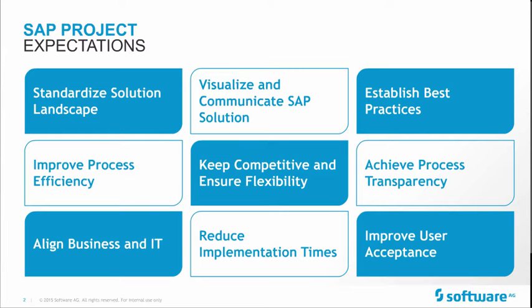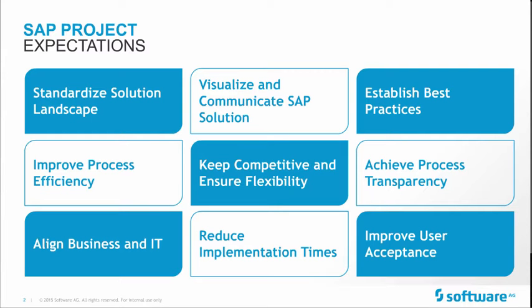If we look at it from a business perspective, people want to have better systems, need to have a better view on the system, and want to get better user acceptance, for example. And the management, of course, wants to improve with an SAP project, with an SAP solution implementation. They want to improve process efficiency. They want to improve process transparency.